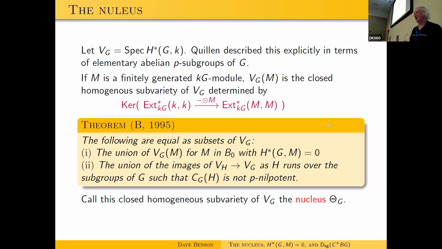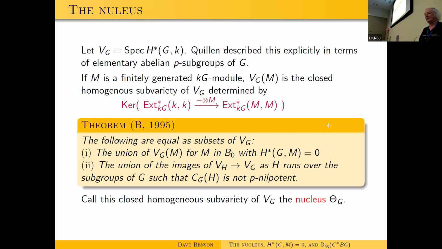And so you get a good map, and it's actually a ring homomorphism here from Ext(k,k) to Ext(M,M). And the kernel of that is some ideal, and an ideal in a ring then defines a subvariety of the spectrum. So that's the definition of V_G(M). It's just defined by the kernel of this map. So that's the support of a module.